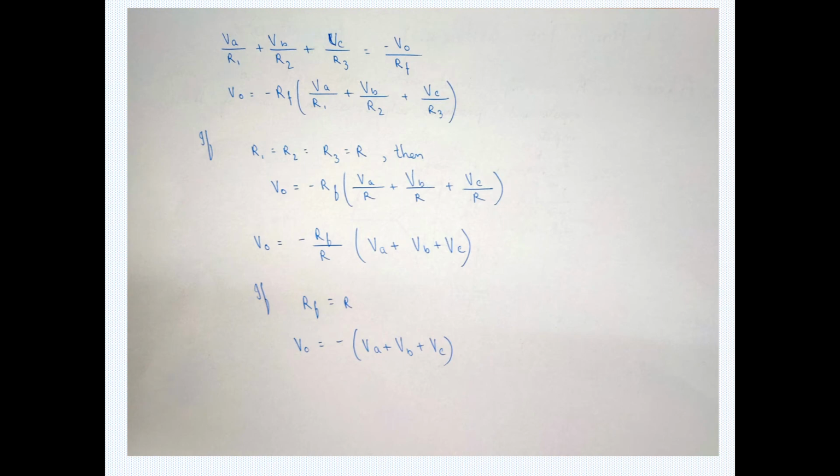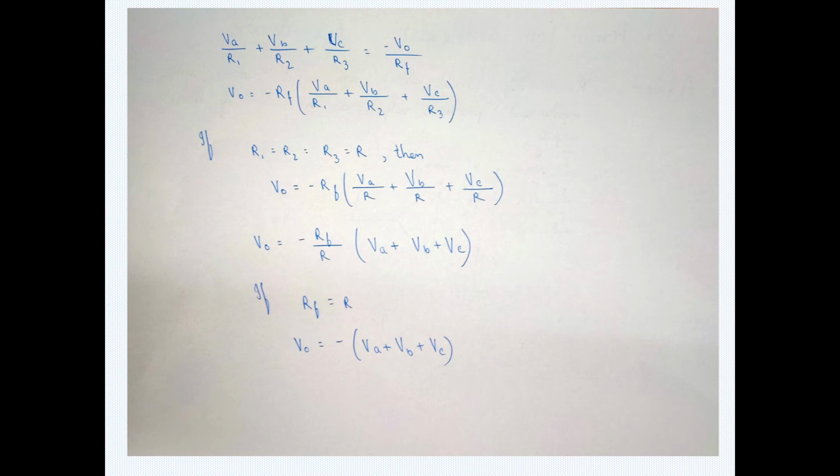If R1, R2 and R3 are the same, equal to R, then V0 will become minus RF times (Va by R plus Vb by R plus Vc by R). Taking R as common, we get minus RF by R times (Va plus Vb plus Vc).